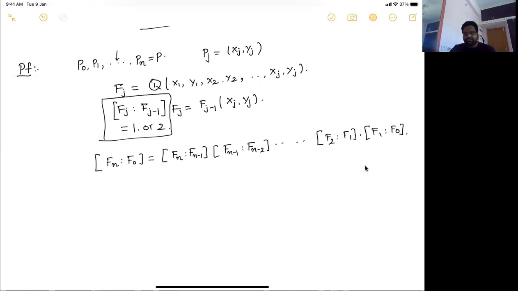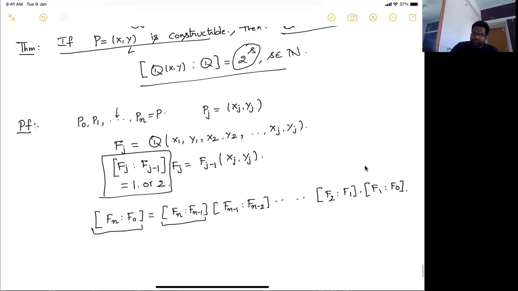By the multiplicative property of degrees, this is the degree of the extension Fn over F0. But each of these is either equal to 1 or 2, so it must be of the form 2 to the power of s. So what is Fn? Fn is Q(x1, y1, ..., xn, yn).